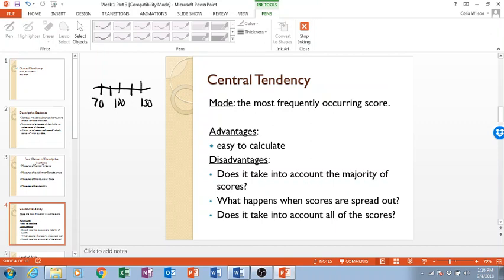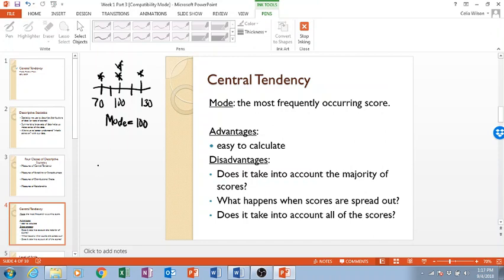It's starting to look suspiciously like IQ scores. What if I had one score of 70, 2 of 100, and then 1 of 130? What would the mode be for this distribution? The most frequently occurring score would be 100.